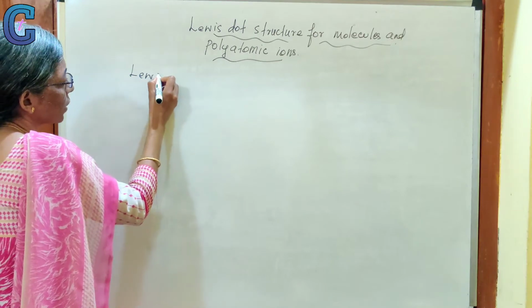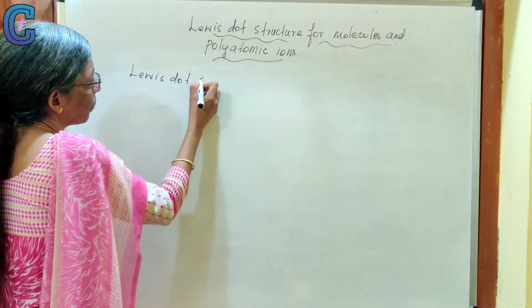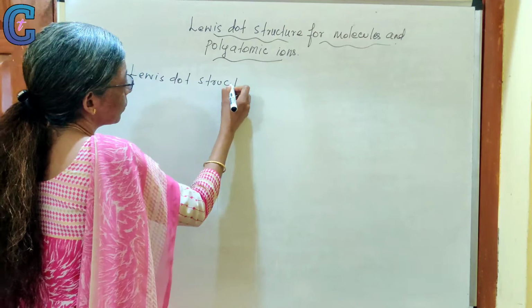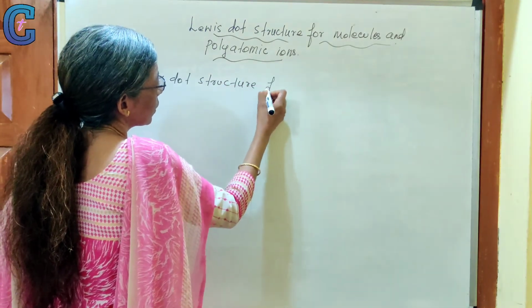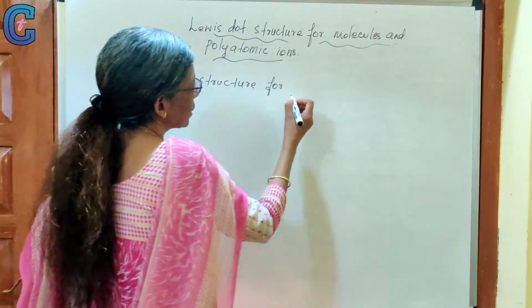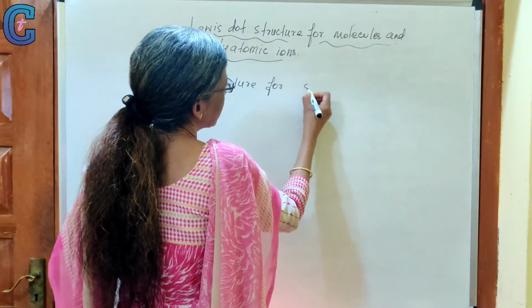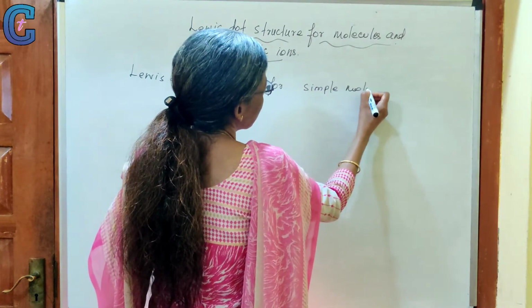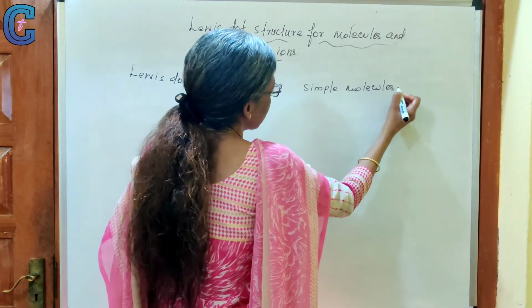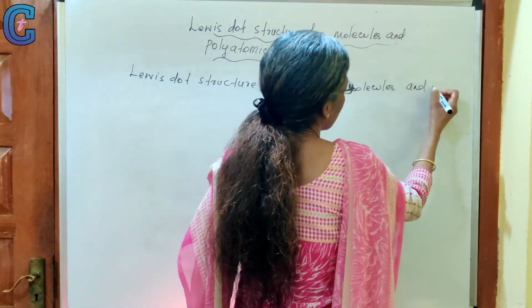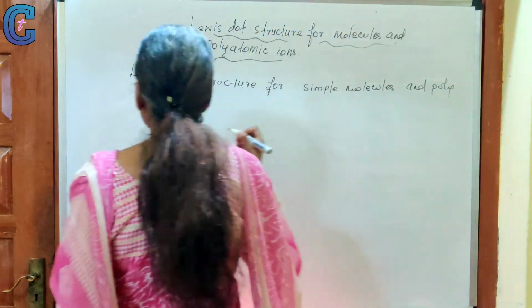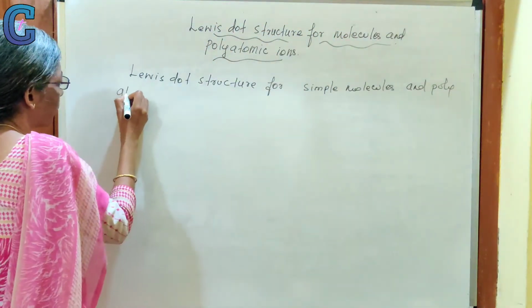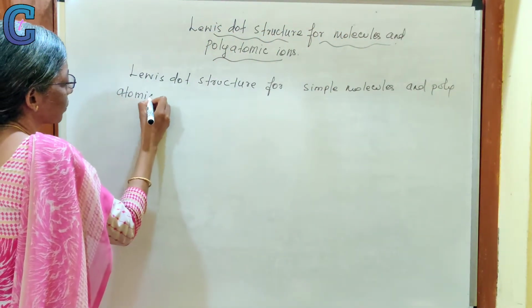Okay. So first, Lewis dot structure for simple molecules and ions and polyatomic ions.